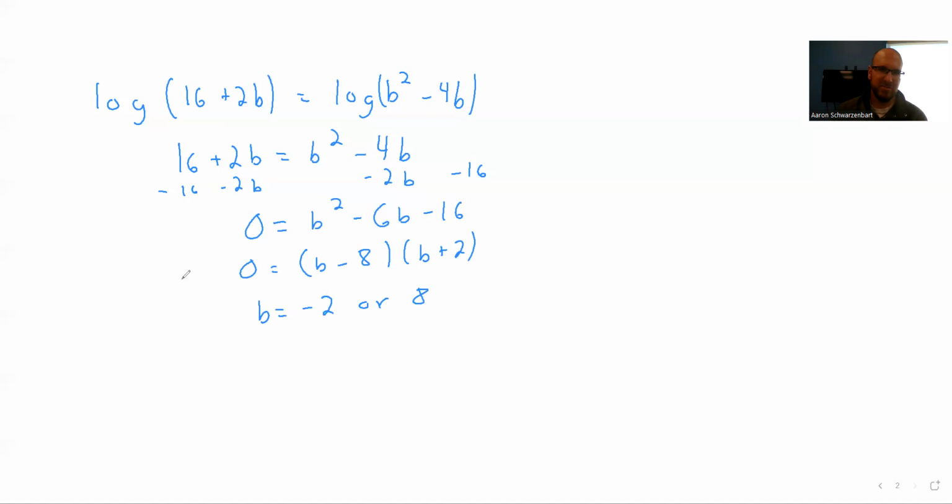So I need to check them both. 8 should be good. 16 plus 2 times 8 is 32. 8 squared is 64 minus 32 is also 32, so 8 checks out.